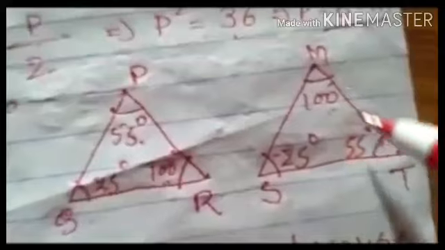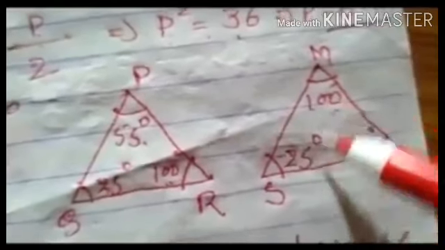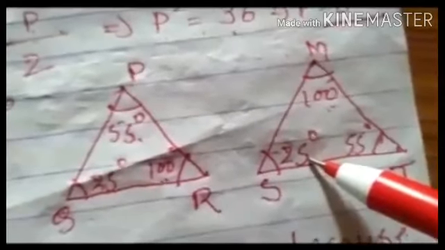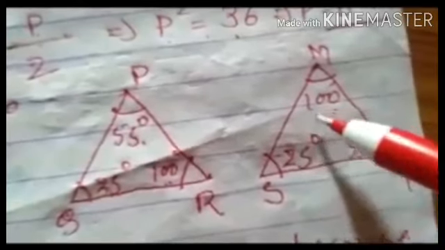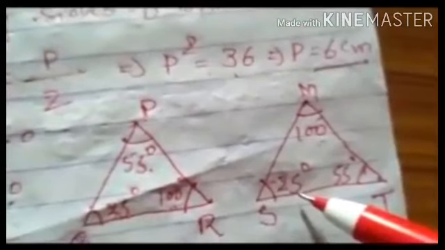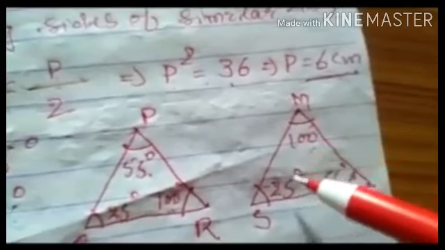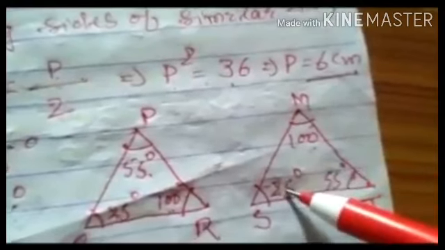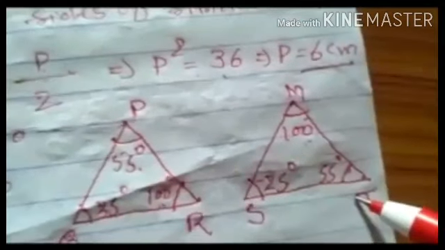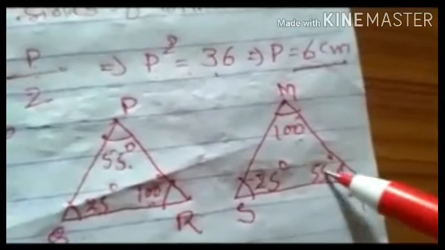Again applying the same property, first you add the two given angles, 100 plus 25, which becomes 125 degree, and when we subtract 125 degree from 180, we get the third angle, angle T, that is 55 degree.